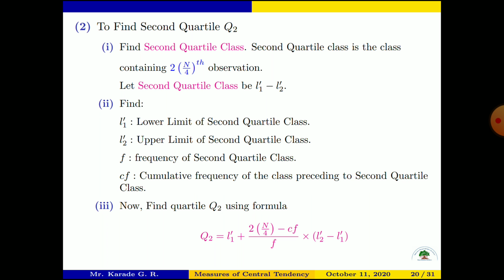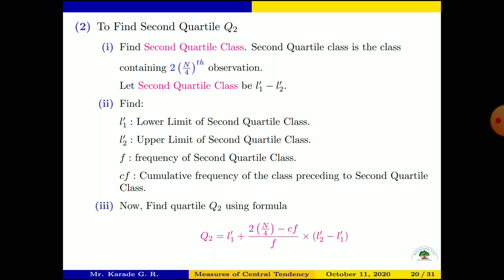Now to find the second quartile Q2, again we have to follow three steps. In the first step, find the second quartile class, which is nothing but the class containing the 2 times N by 4th observation.